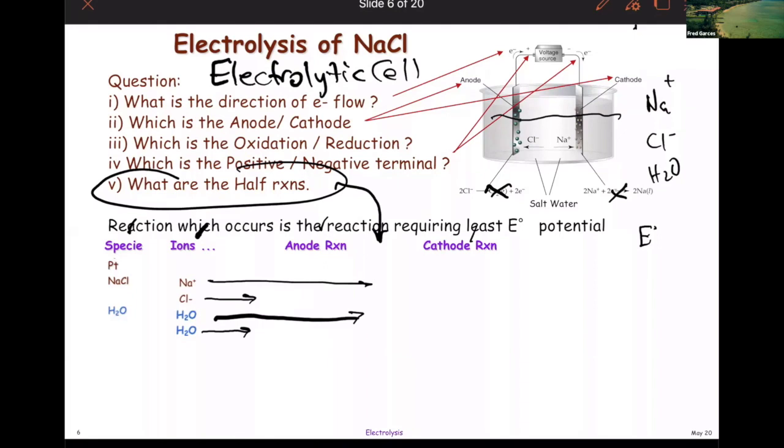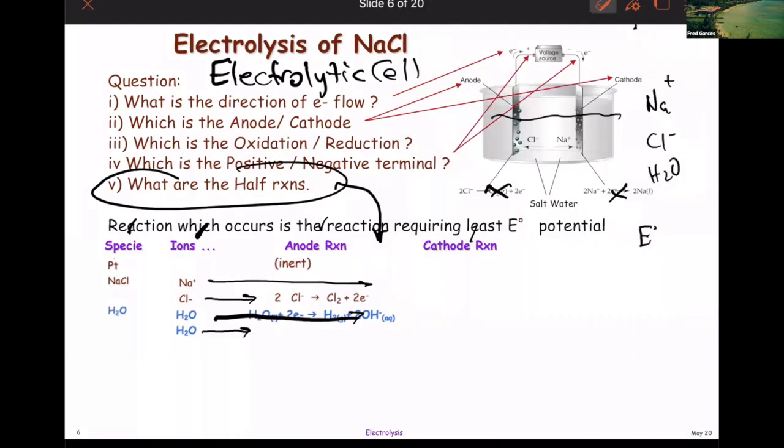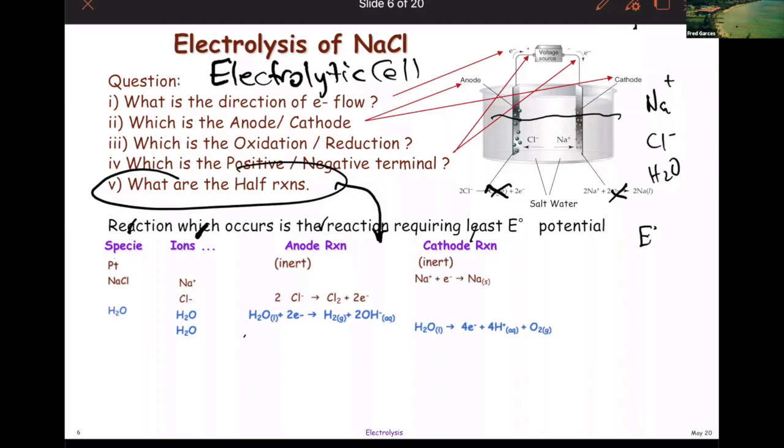So if we do this, this is the breakdown. Notice that the chlorine is undergoing reduction, and then water is undergoing reduction as well. And then at the, sorry, oxidation. I meant oxidation. And then at the cathode, the sodium is undergoing reduction, going from plus to zero, and then water is also undergoing reduction.